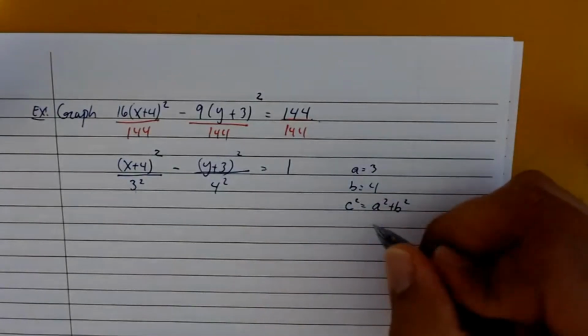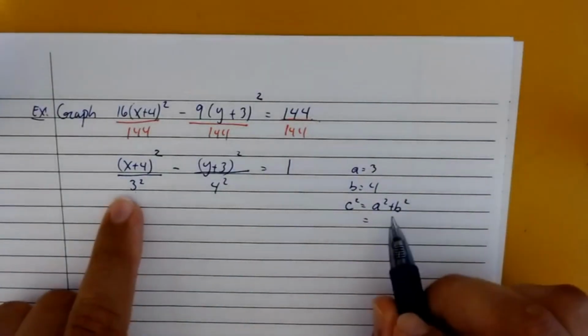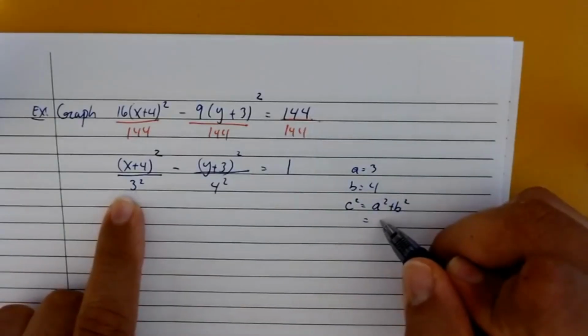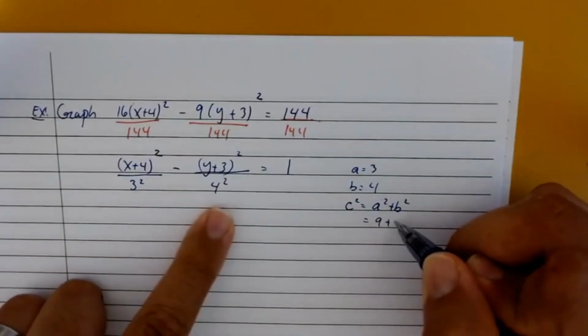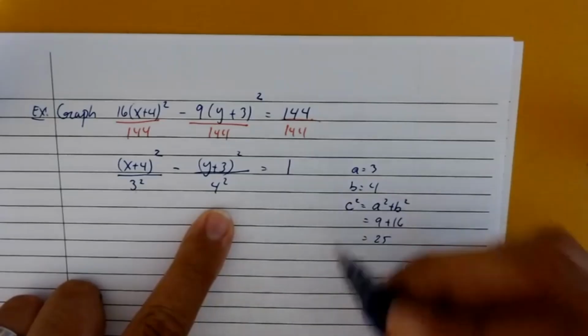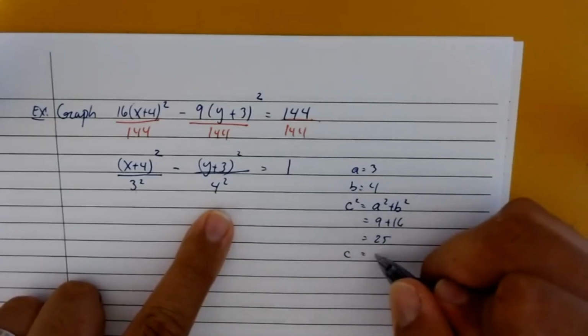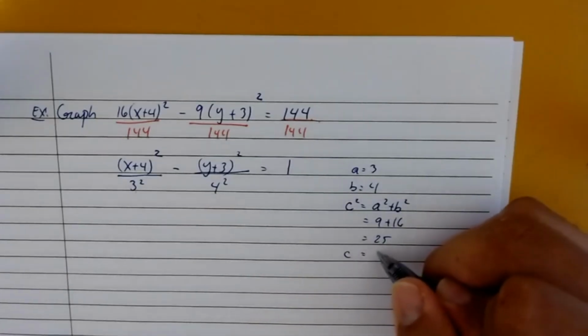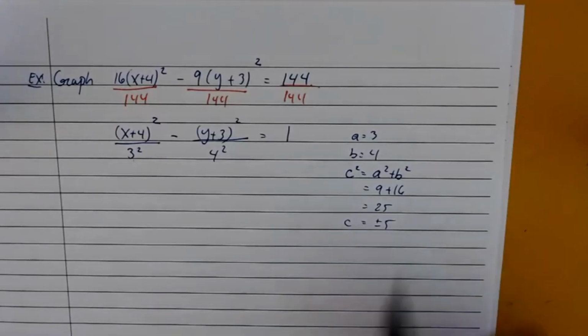So a squared plus b squared is equal to c squared, which means that's going to be, well, let's see, your a squared was 9, and your b squared is 16. So that'll give you 25. And if c squared is equal to 25, that means c is equal to plus or minus the root of 25. In other words, plus or minus 5. Okay, so we now have our a, our b, and our c, and that should be sufficient to give us a graph.